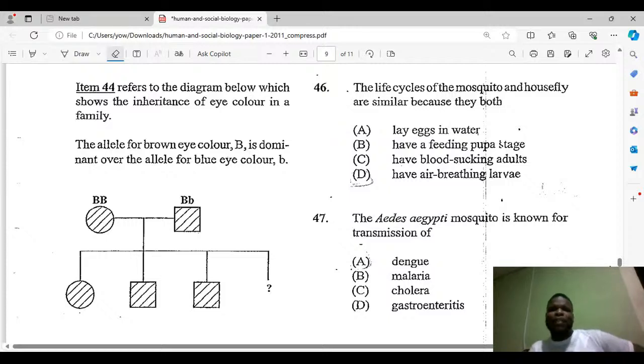What caused cholera, by the way? What caused cholera, guys? Yes, cholera is waterborne. So what caused it? Contaminated water.